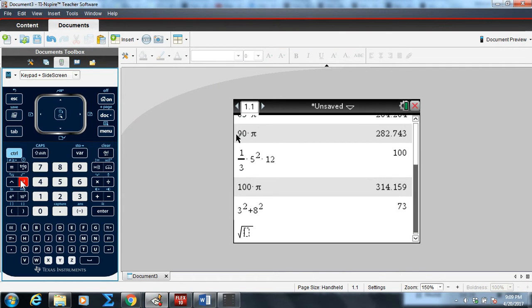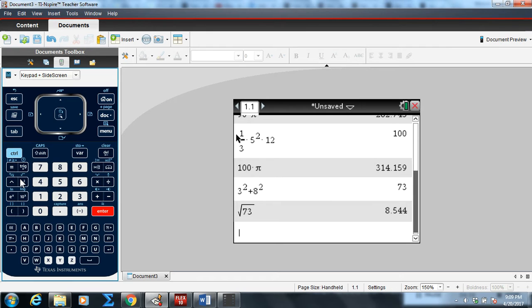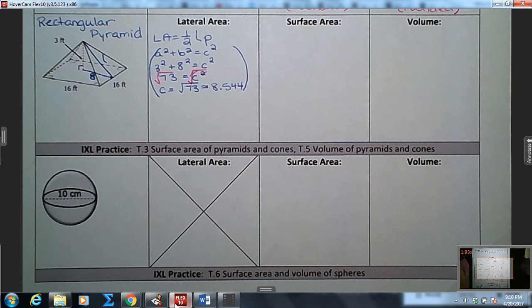The square root of 73 is 8.544, approximately. Okay, now all of this work was just side work. It is work we had to do to figure out what the slant height was, so that we can plug it into the lateral area formula.